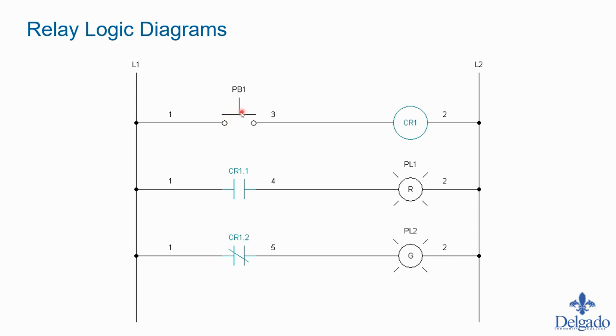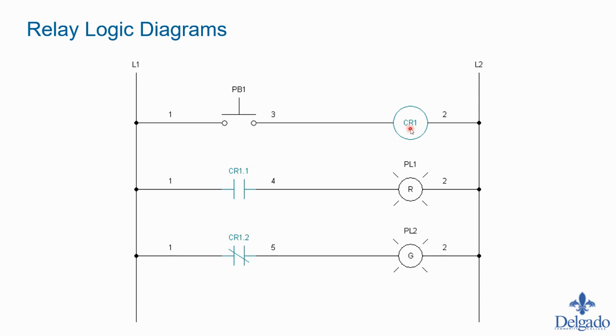This is a normally open contact. So assuming that it is in the shelf state or off state, this is an open circuit, and there is no path to get from here to here to come across and energize this output device, which we recognize as being a relay. The circle means relay. CR1 would most likely refer to control relay 1.